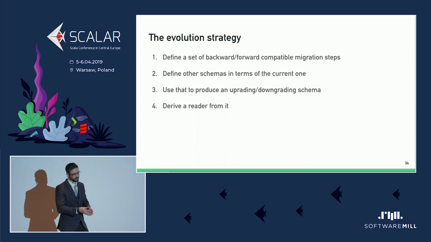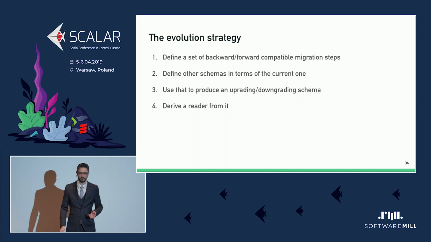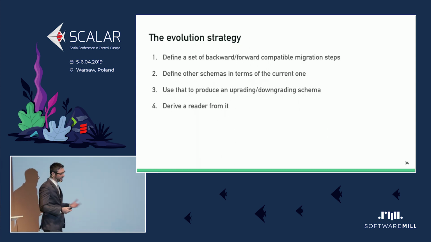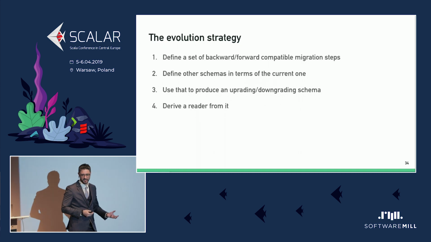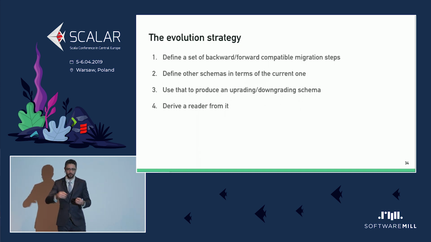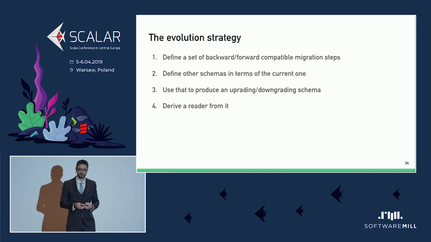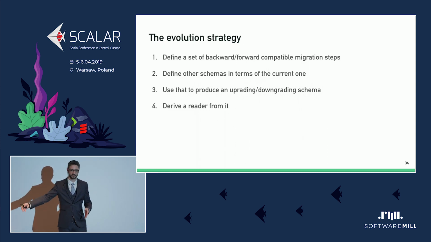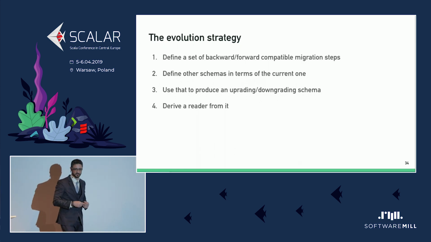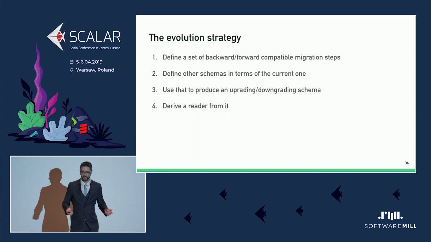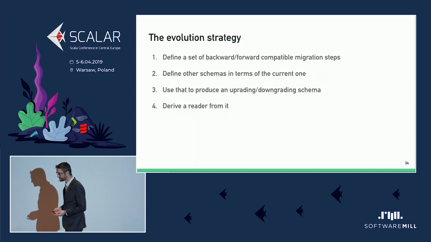That is the kind of migration you can do while guaranteeing forward and backward compatibility. Then we will use this migration step to express the other schemas, the schemas of the other versions of our ADT, in terms of the current one and some step that goes from the other version to the current one. Then we will use these new alternative schemas to derive alternative readers, and we should be good.